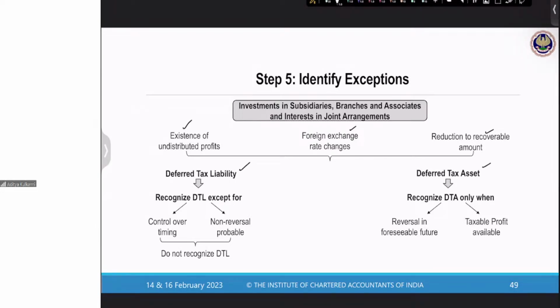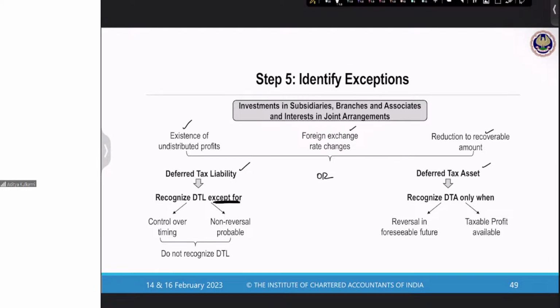Don't think that reduction to recoverable amount is DTA, existence of undistributed profits is DTL. ऐसे मत सोचो. These could be the impacts. These impacts could either give rise to a DTL or it could give rise to a DTA. All right. You will be recognizing the DTL in all cases. See, except for, look at the words very carefully.